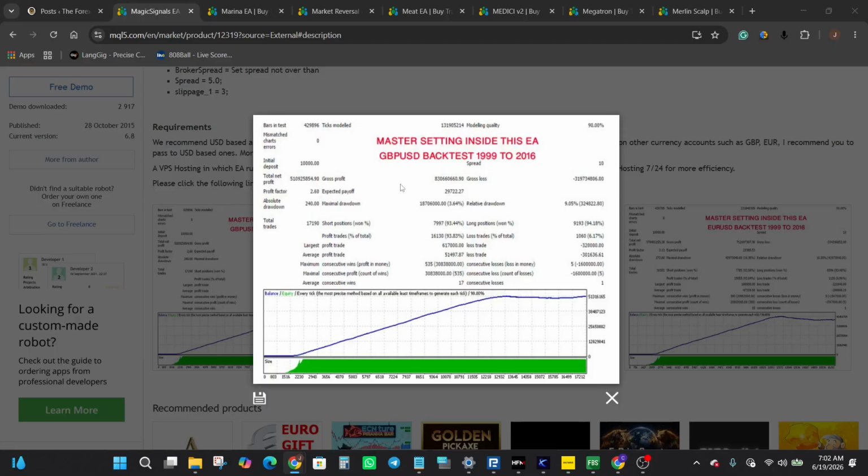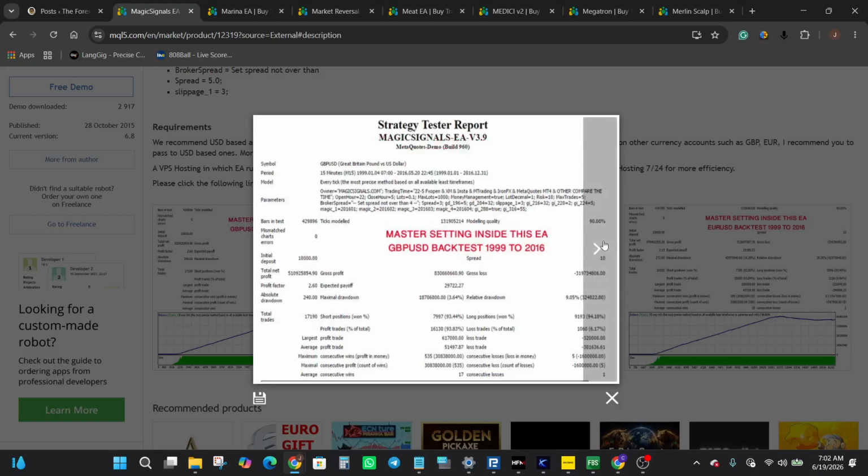I can see that this was a backtest from 1999 to 2016, $10,000 deposit, over $510 million in total net profit, and the win rate 93.83%.